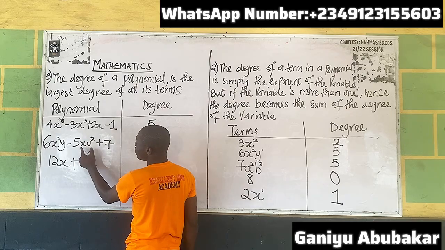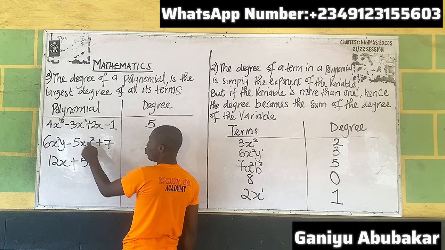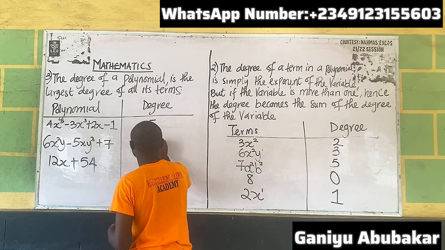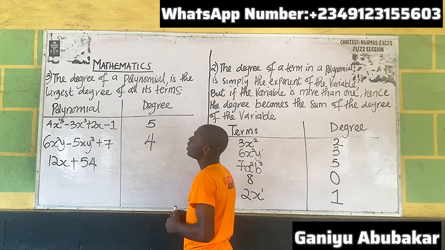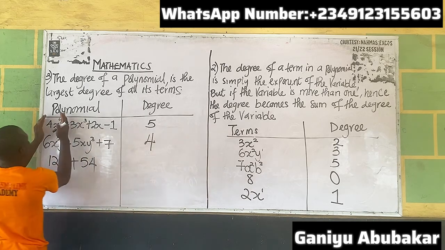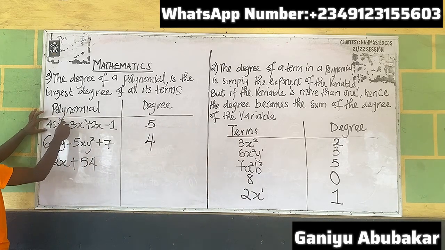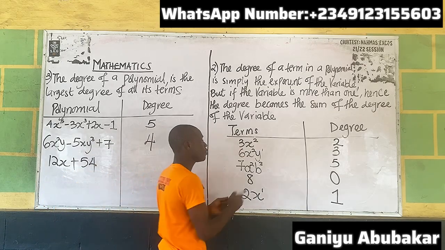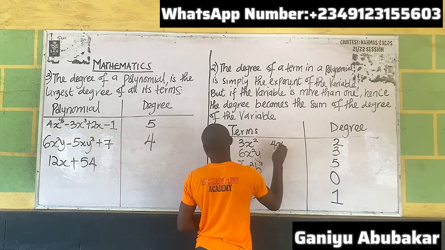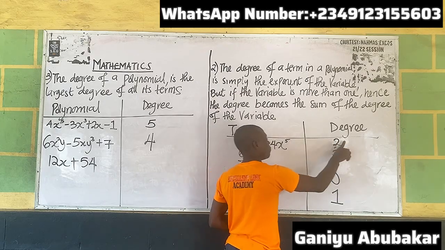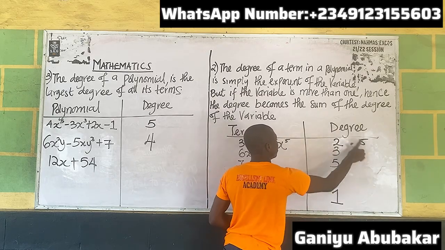I'm having x and y, so you add the powers, 1 plus 3, which gives you 4. The degree here is 4. In this case, the highest power existed in this part here. If I'm having 4x to the power 5 as a term, for instance, the degree there becomes 5.